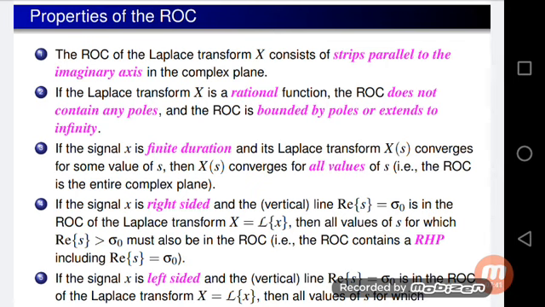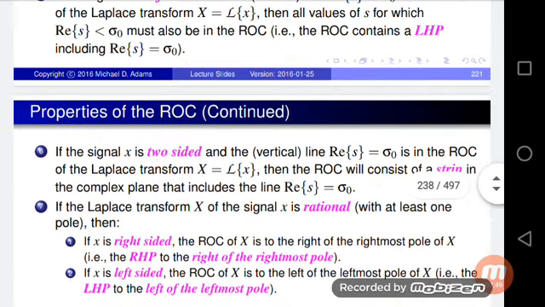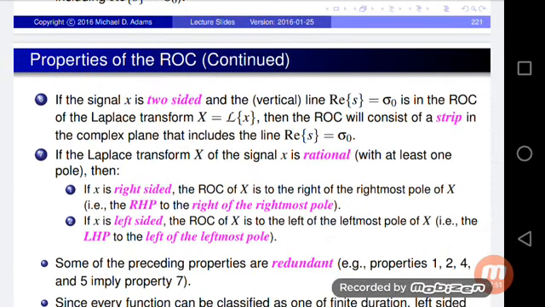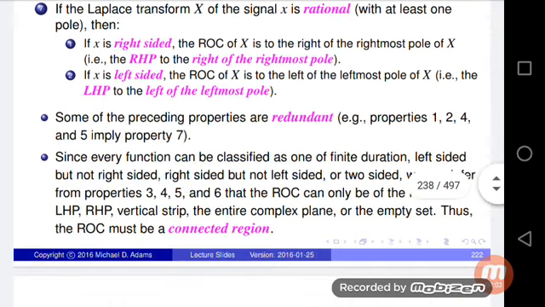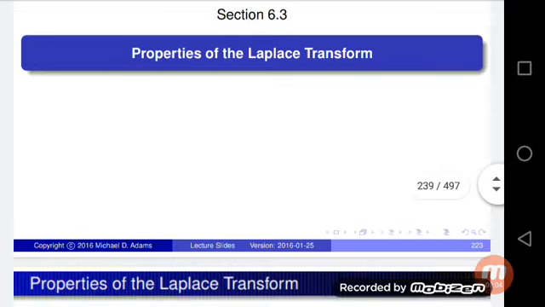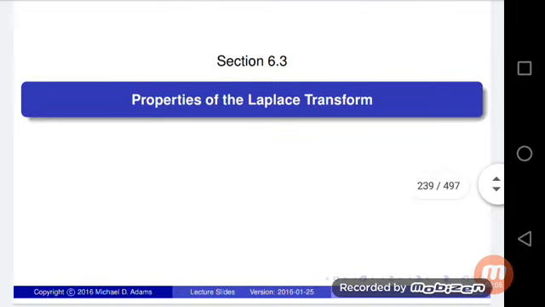These are different properties we will use in further applications. The properties of ROC continue, and some rules will be discussed in detail now.